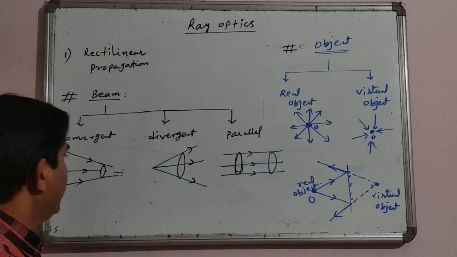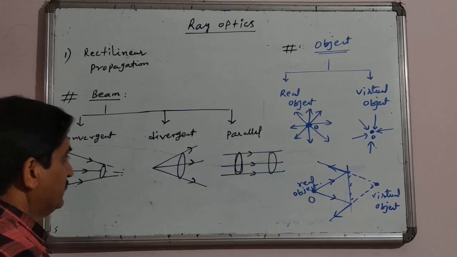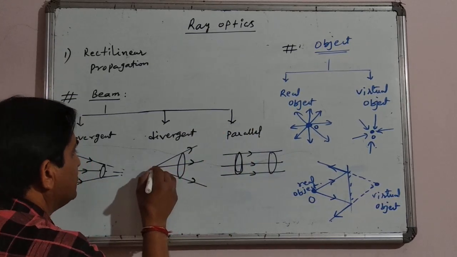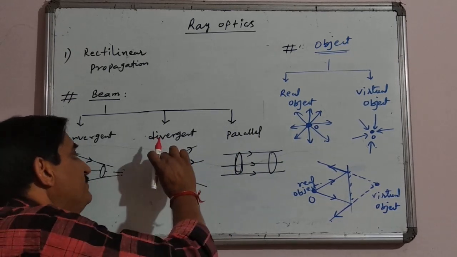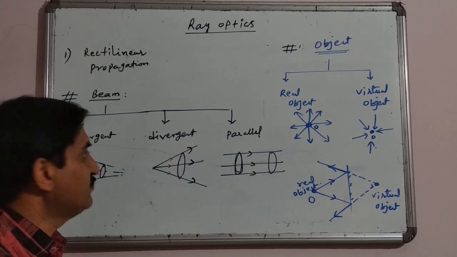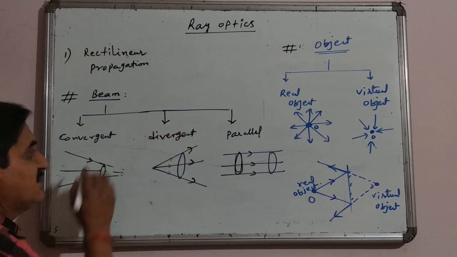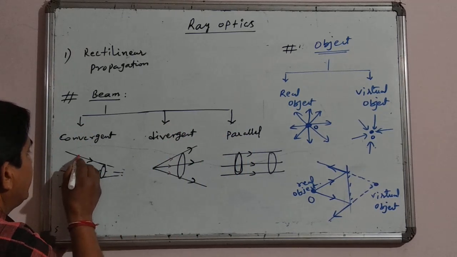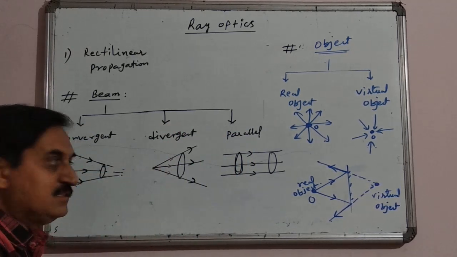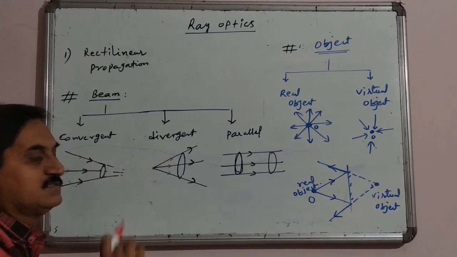As we move away in the direction of incident light, the diameter increases. Therefore, it is a divergent beam. In the convergent beam, if you go in the direction of incident light, the diameter of the beam decreases.